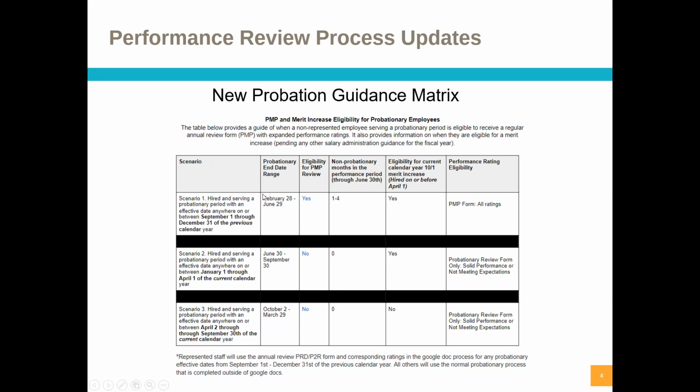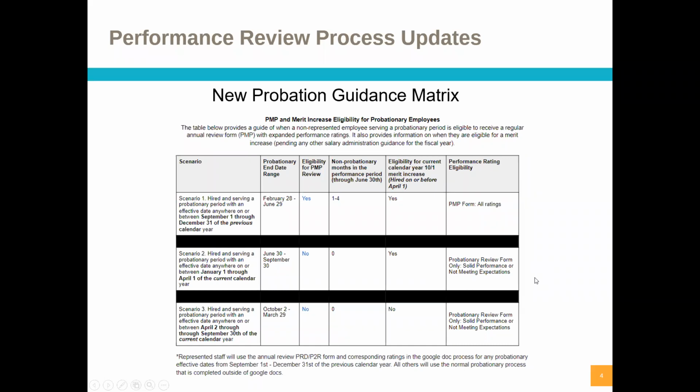This is really the only time that a person can actually receive the PMP review form: scenario number 1. Scenario number 2 talks about the time frame June 30th through September 30th, and no, you're not eligible for the PMP review, but you are eligible for a probationary review form. You only have 2 ratings, solid performance or not meeting expectations.